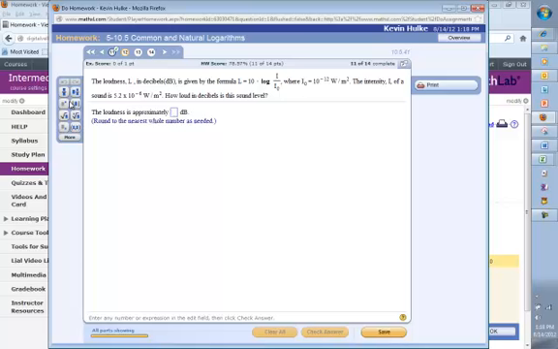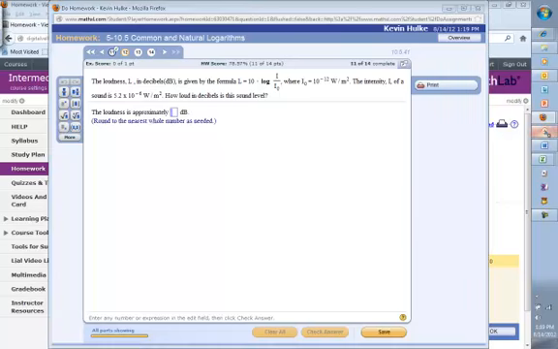Number 12. Now we've got the formula for the loudness in decibels. This is like example 6. The loudness in decibels is given by the formula loudness is 10 times the log of I over I0, where I0 is 10 to the negative 12th watts per meter squared. The intensity of the sound is 5.6 times 10 to the negative 6th watts per meter.